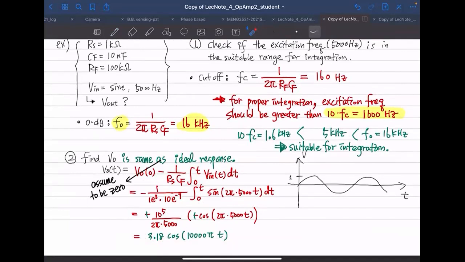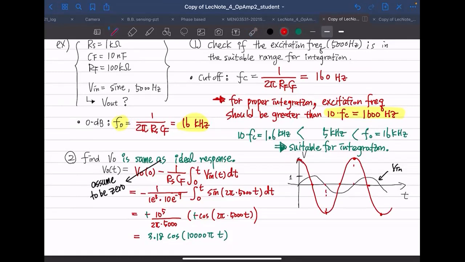Okay, and if we assume this is our Vn, then our V out is going to look like, try my best, a cosine like that.